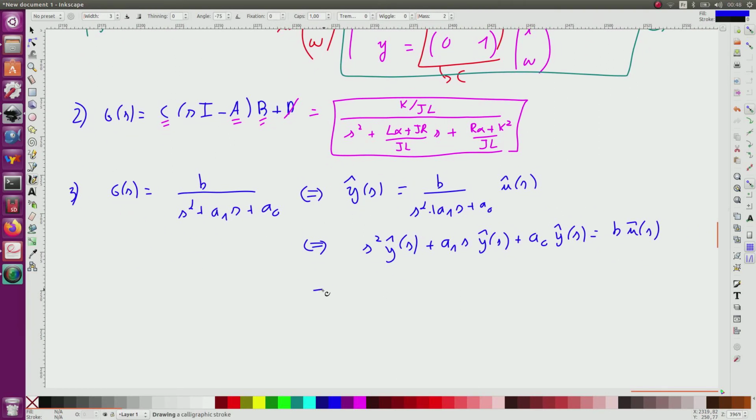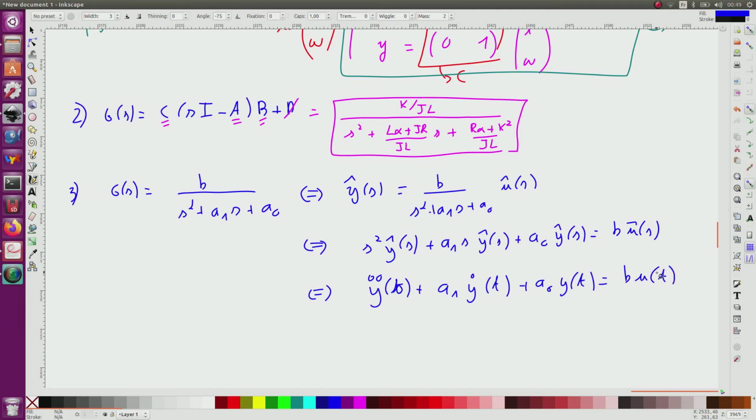In the temporal representation, s corresponds to the derivative, and I obtain y double dot of t plus a1 y dot of t plus a0 y of t is equal to b u of t.